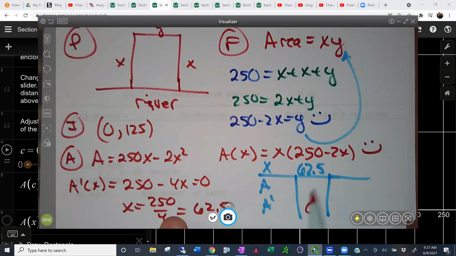To the left of 62.5, let's pick a number like 1. 250 minus 4, that's going to be positive. And then this is going to be negative. So the function's increasing, then decreasing. That makes this a max. And that's what we wanted. We wanted to maximize that area. So 62.5.